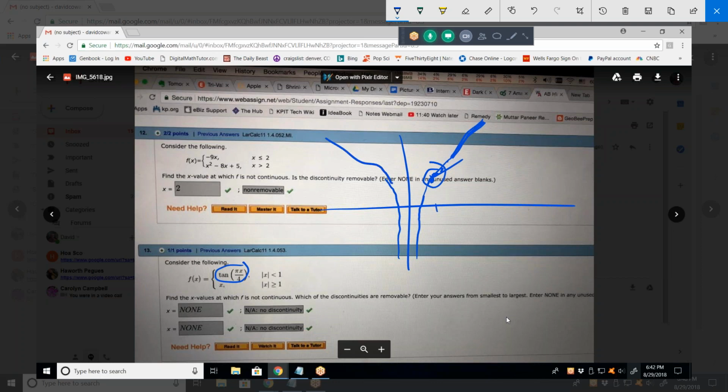In other words, usually absolute values have a V. Well, that's as close to a V as I can draw. So let's examine when x is less than 1, the absolute value, which is this area right here.